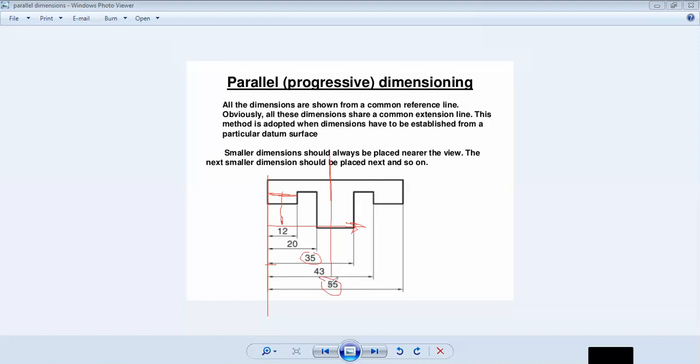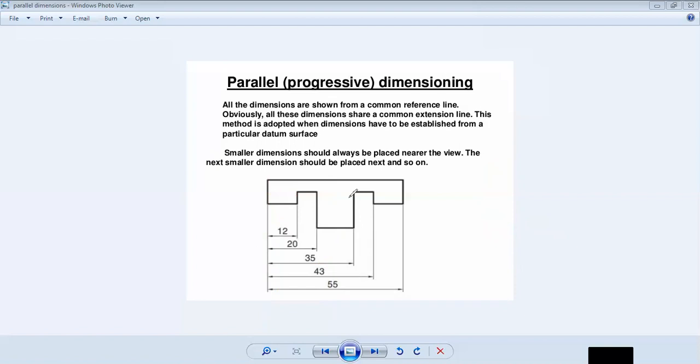So you should write dimensions like this. It should not be that all your numbers come here. This is the wrong method. If someone writes 12, then 35, then 100, with everything coming here, that is wrong, because dimensions should come at the center. Clear?